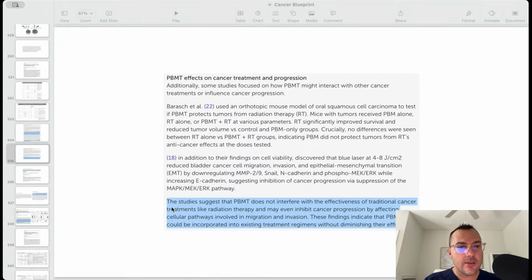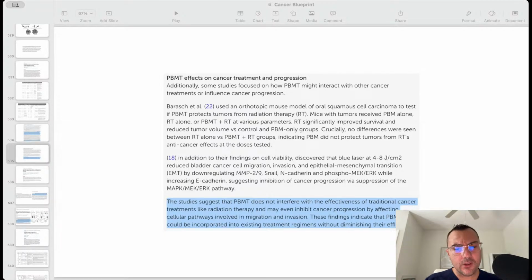It says that the studies suggest that PBMT, photobiomodulation therapy, does not interfere with the effectiveness of traditional cancer treatments like radiation therapy, and may even inhibit cancer progression by affecting cellular pathways involved in migration and invasion. These findings indicate that photobiomodulation or red light therapy could be incorporated into existing treatment regimens without diminishing their efficacy.